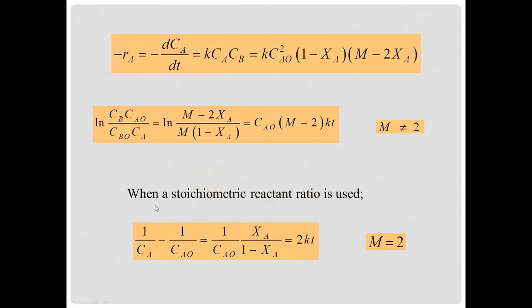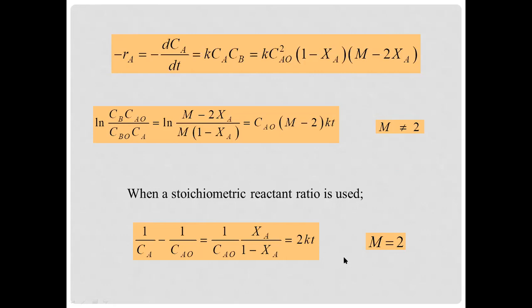Meaning, class, this is simply telling you that you use CAO XA over 1 is equal to CBO XB over 2. You make use of the stoichiometric reactant ratio. You will come up with an answer that is simplified coming from in here. So this will be for your case 3 for a second order, not bimolecular because it's a termolecular reaction already.